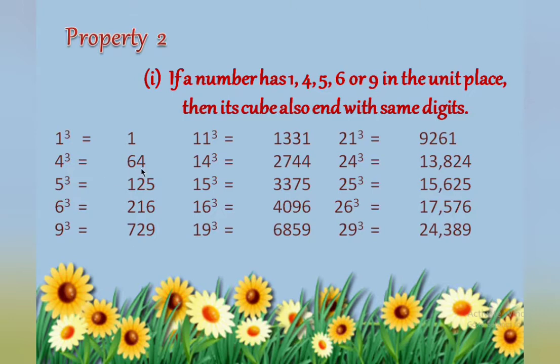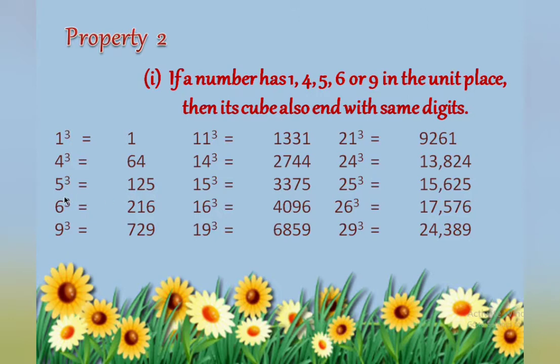In the unit place, there comes 4. Next, 14 cube is 2744. In the number and in the cube, both have 4 in the unit place. 24 cube is 13,824. Here also the unit place carries 4.